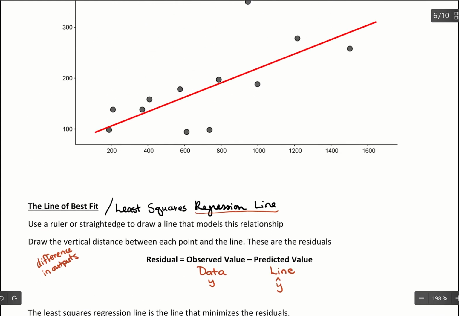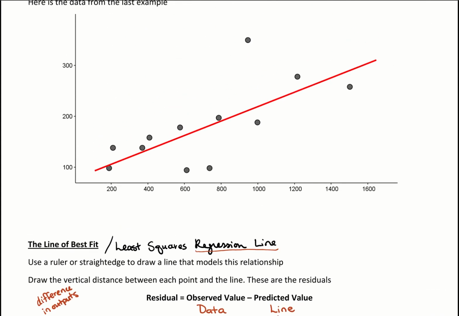Now, what we can imagine visually is happening with these residuals. Let's compare these two residuals. So it'd be taking this y value up here for this coordinate at 1200 and 300. And what I'm doing is finding this distance to the line. So what I'm looking at is right here, and we want to find this distance between what was observed minus what was predicted.